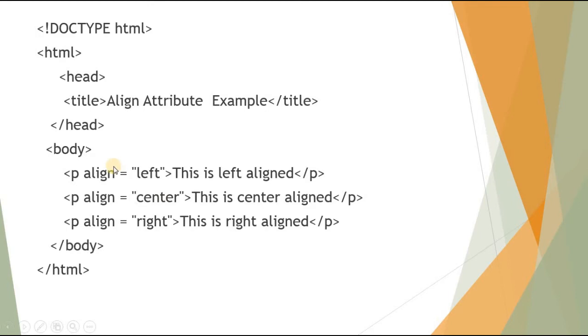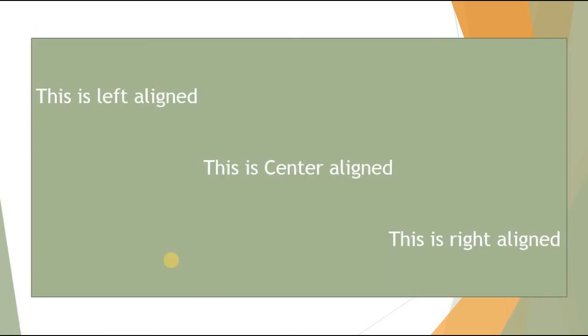Here is how we declared the attribute. The attribute came with a value. Attribute name is align and value is left, and it comes inside a P element. When we execute this page, we will get an output like this.